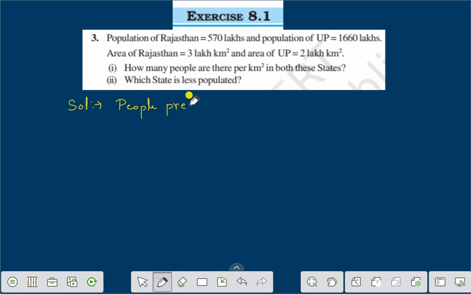People present per square kilometer is equal to population by area.